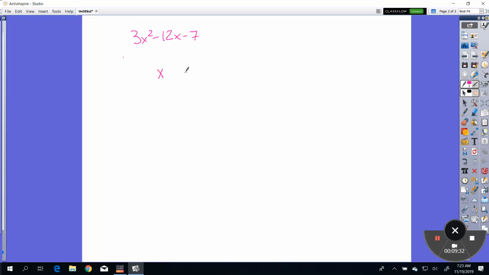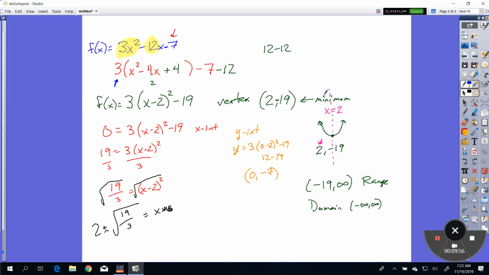To get the x coordinate, it's always going to be negative b over 2a. So I'm going to take negative 12, and that negative's already there. So that's 12 over 2 times 3, which is 6, which is 2. So see on our last problem, the x part of the vertex is 2.